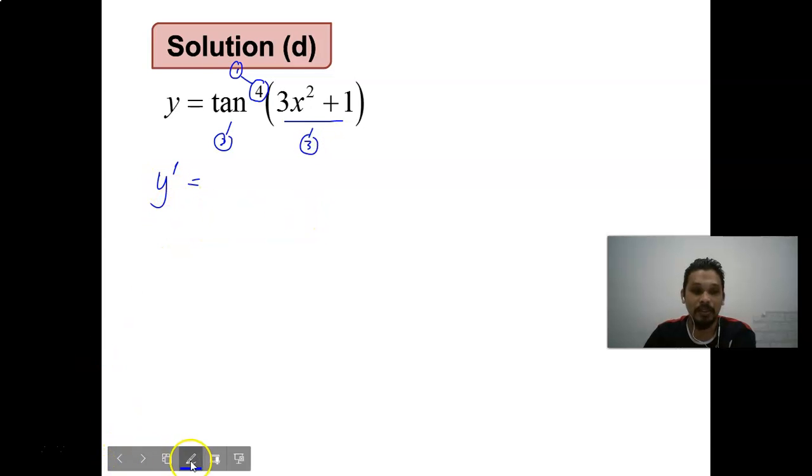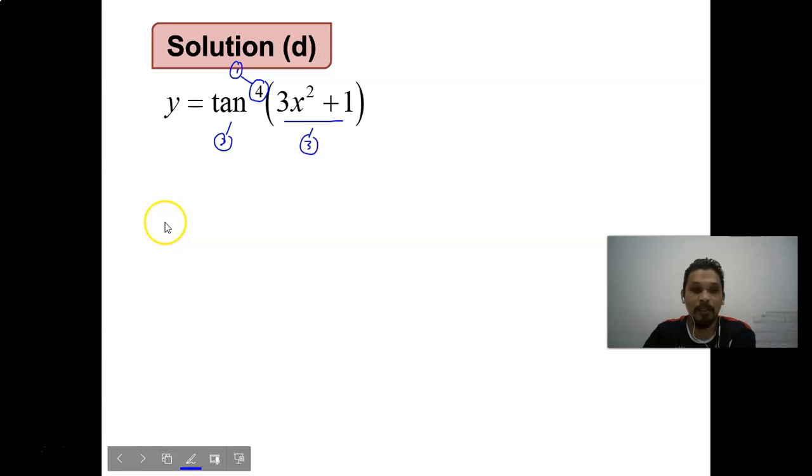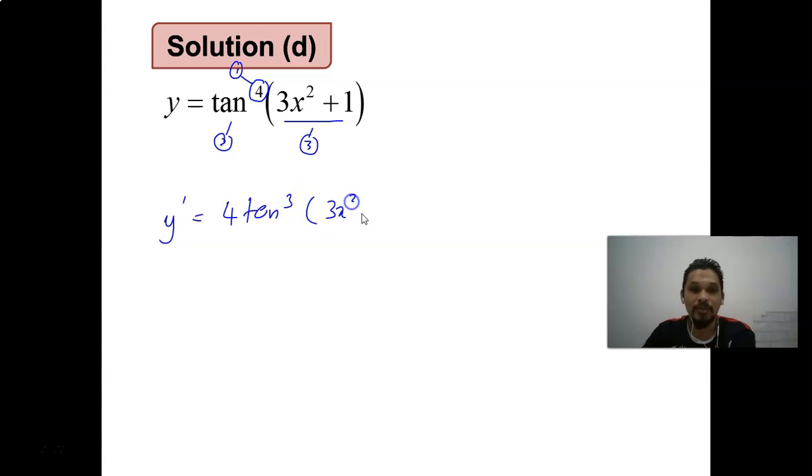Okay, so I'm going to rewrite this. y prime: first, 4 tangent to the power of 4 minus 1 of 3x squared plus 1, multiplied with, we had derived the power of tangent 4 here, and then derive the tangent.